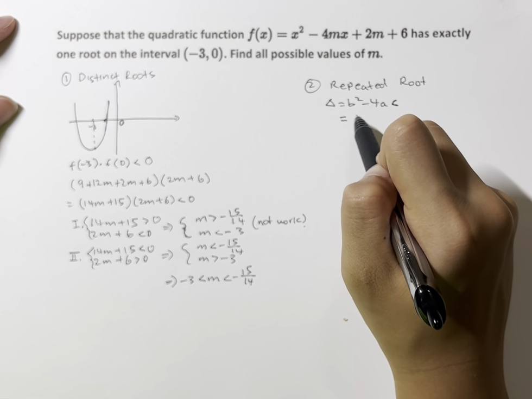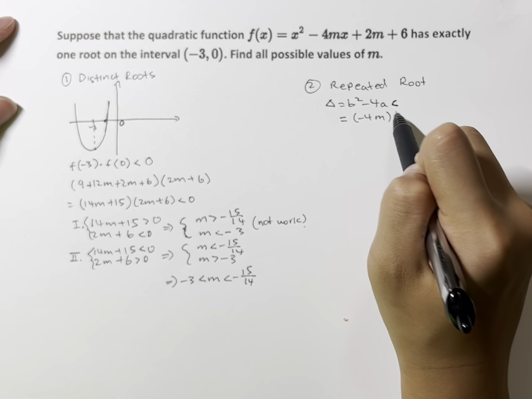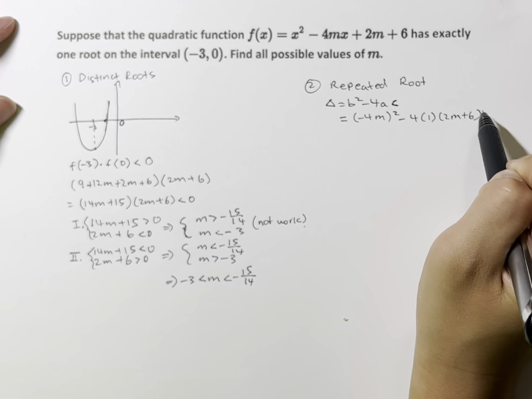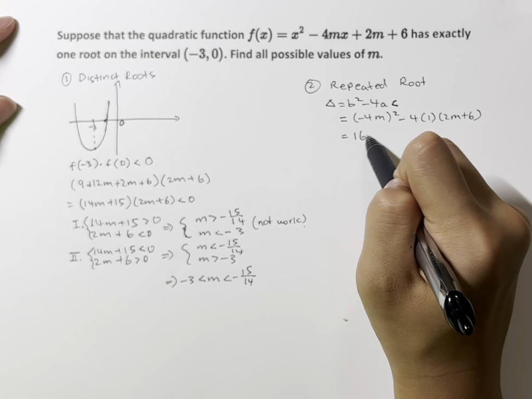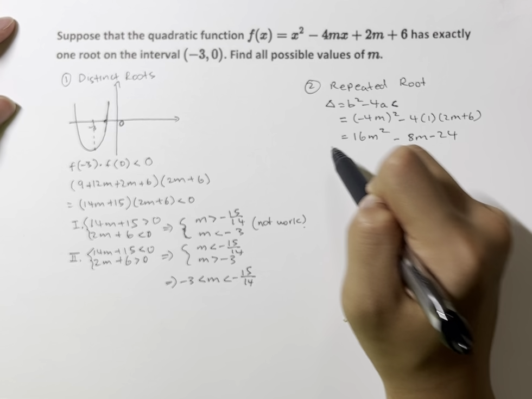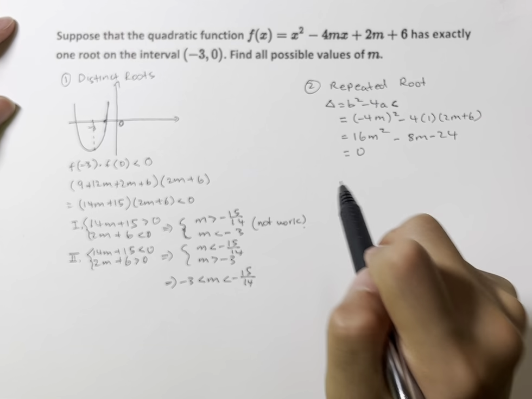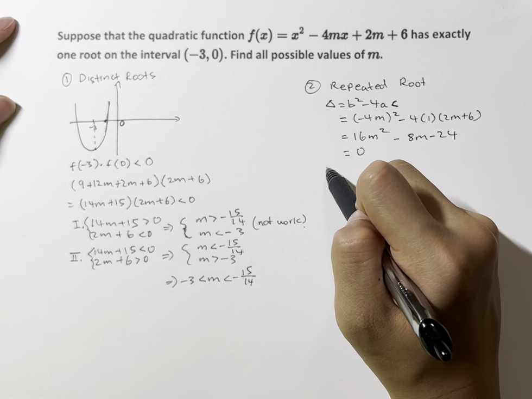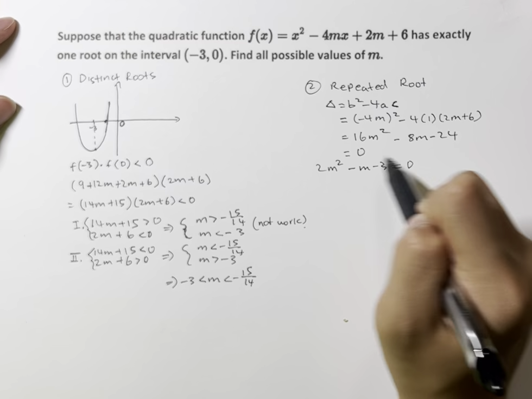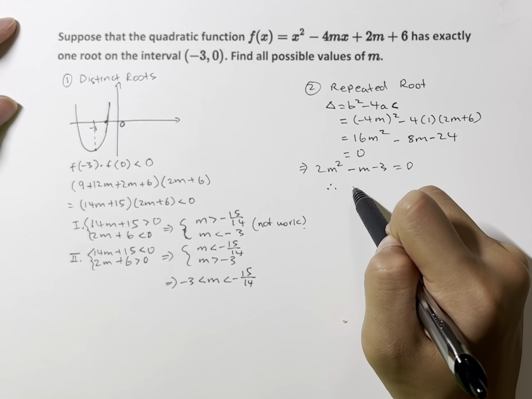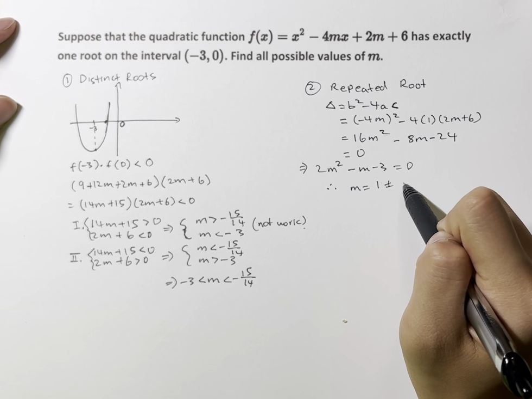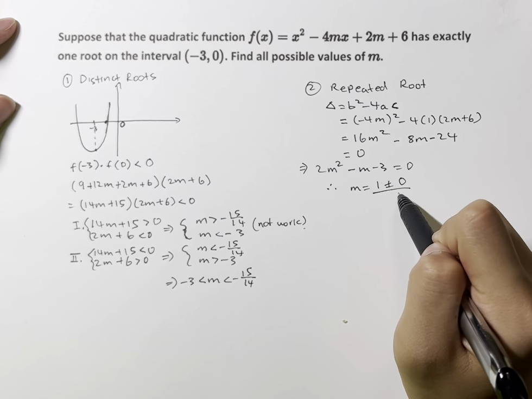In this case, b equals -4m, so delta is (-4m) squared minus 4 times 1 times (2m plus 6). This equals 16m squared minus 8m minus 24 equals 0. Dividing both sides by 8, we get 2m squared minus m minus 3 equals 0.